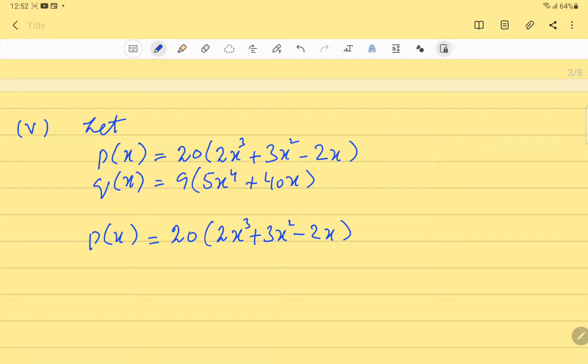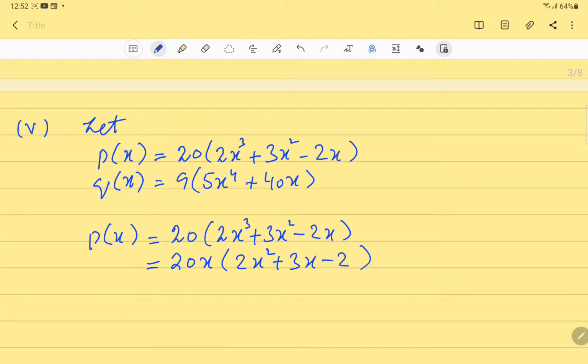The expression in the bracket has 3 terms, and all the 3 terms have x common in them. So we will take it common, 20x into 2x squared plus 3x minus 2.